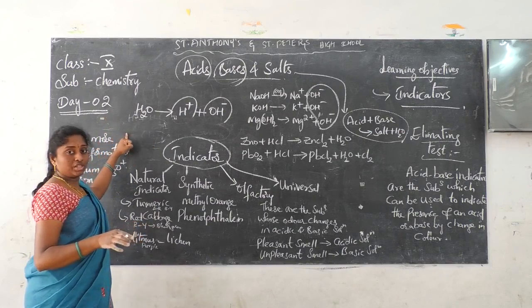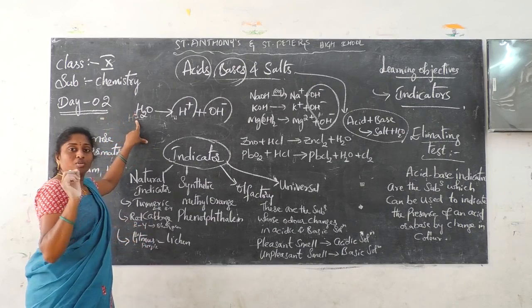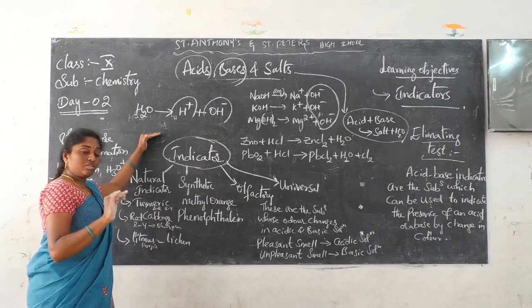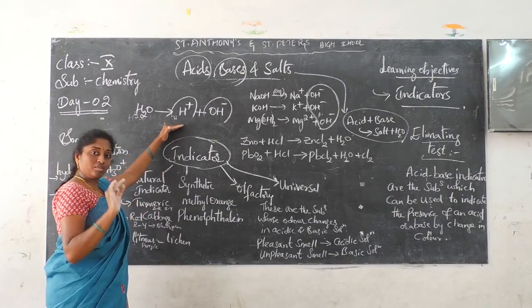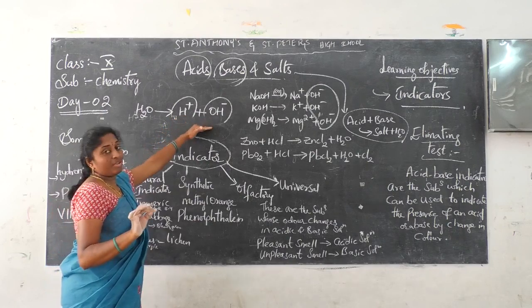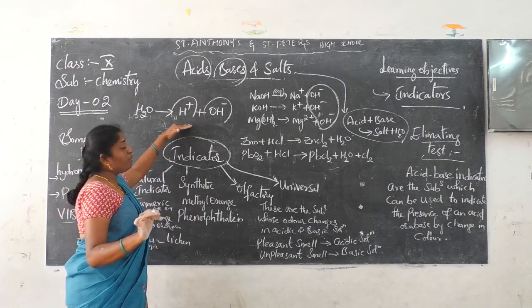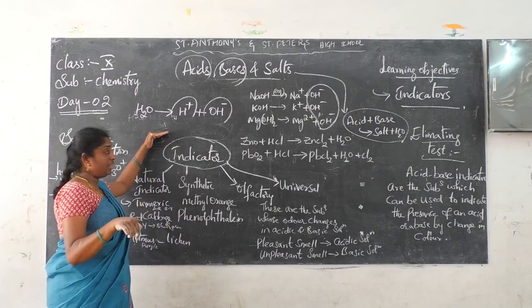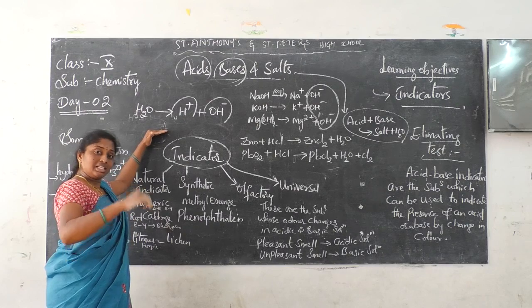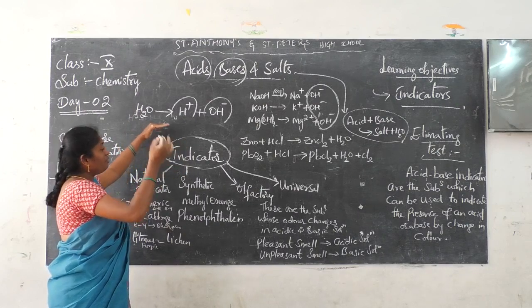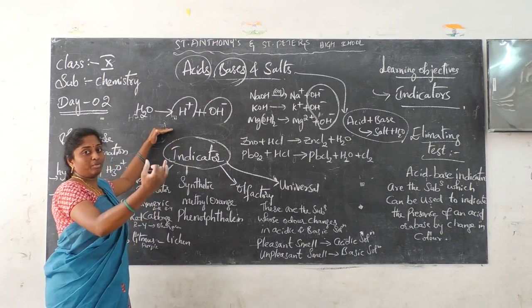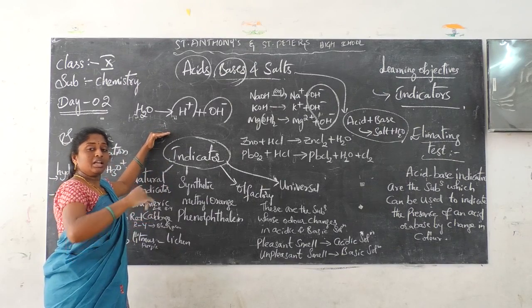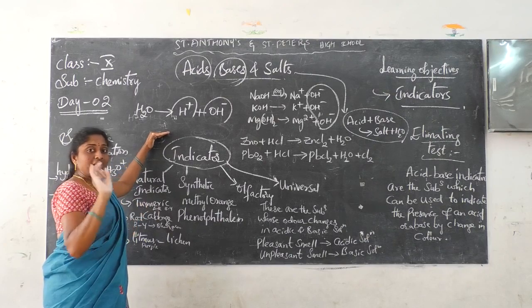And the second, even pure water consists of H plus and OH minus ions. Here acid is present and base is also present, but both are neutral in nature. Whenever you add acid to the water, the acid property will increase. If you add base, the base property will increase. So depending upon the concentration of acid or base, that level will increase. So this is the second information.